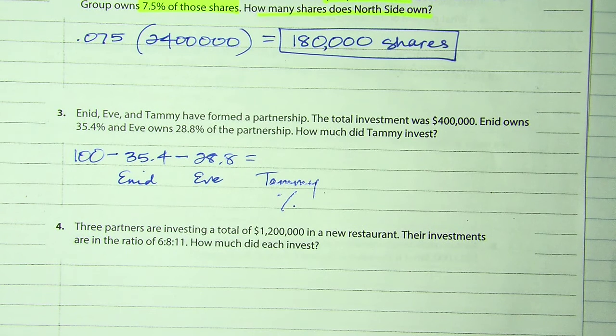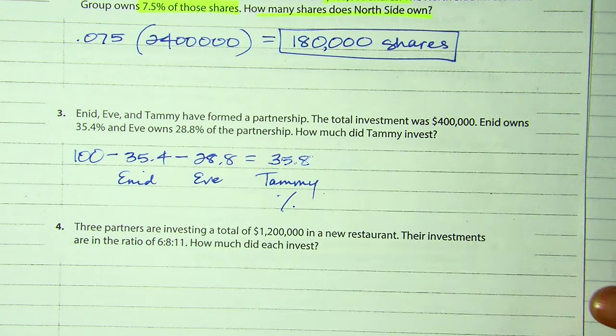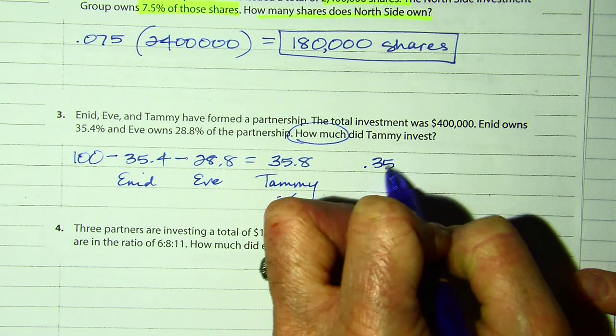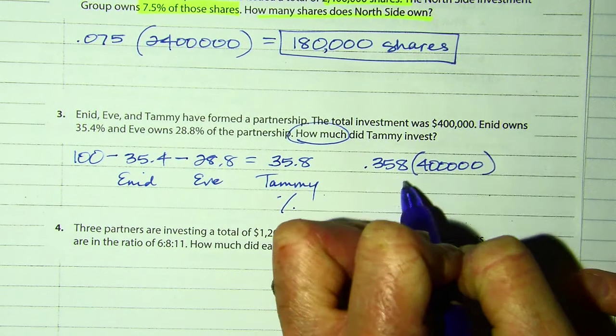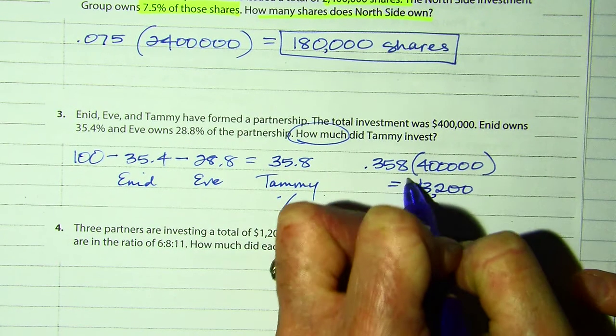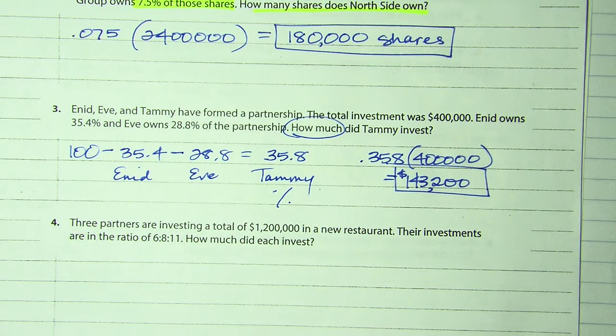So if you subtract the other two partners, Tammy owns 35.8%. So this says how much. So you take her percent, 0.358, and multiply it by the amount of money, and you get $143,200. So that is how much money Tammy invested, because you first had to find her percent.